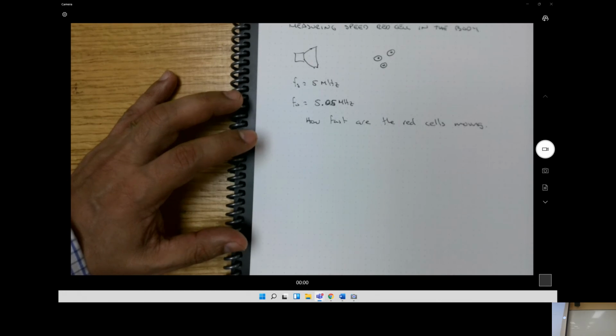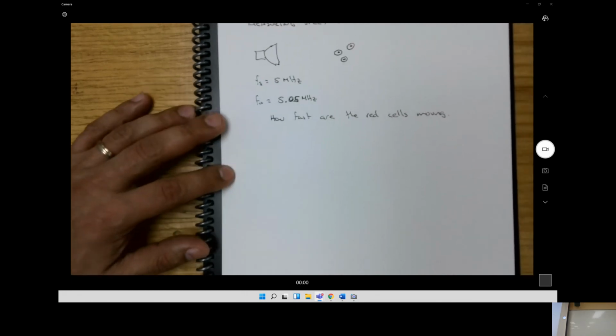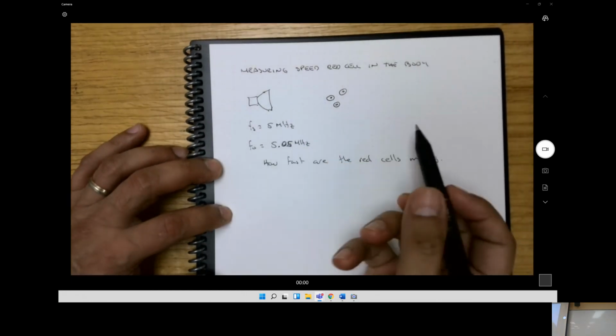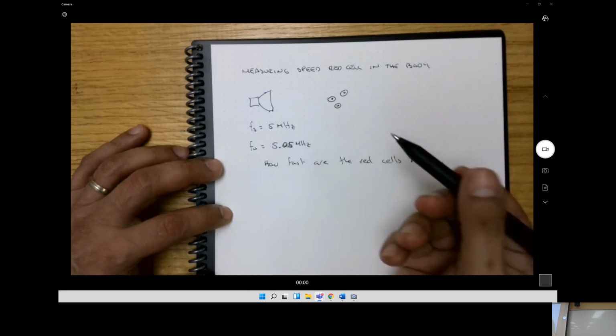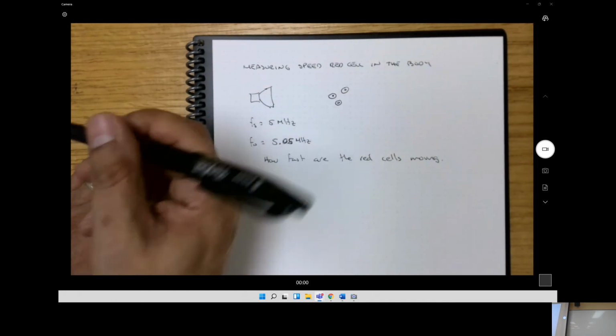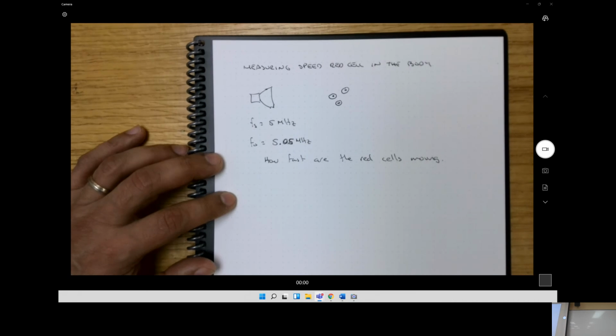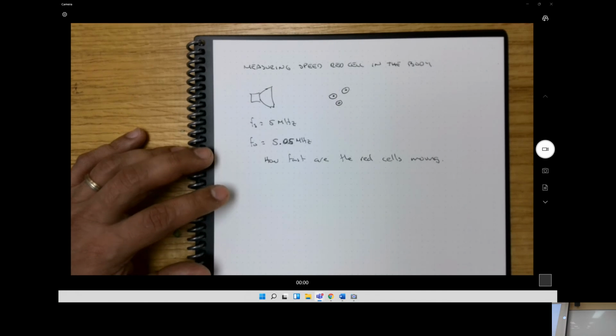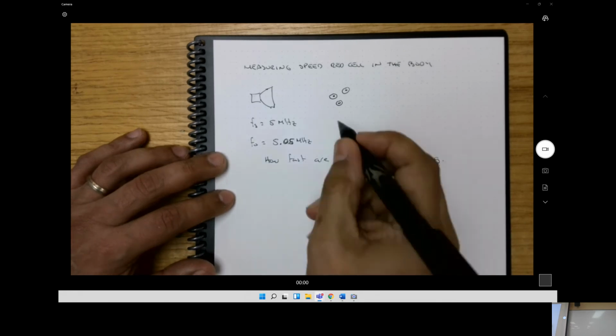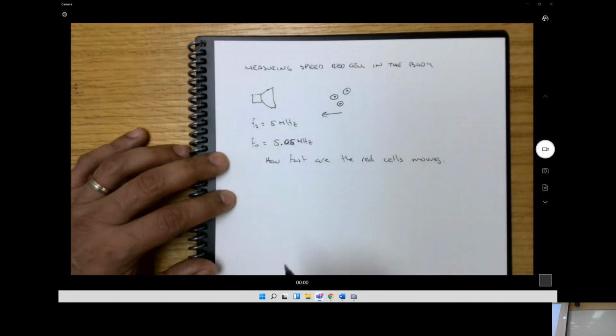One thing that we can find out just by looking at those numbers is the direction of the cells. Are the cells moving towards the radar or away from the radar? It's moving towards the radar, and we know that because the frequency is going up. Even if it's a little bit, it has to go towards.